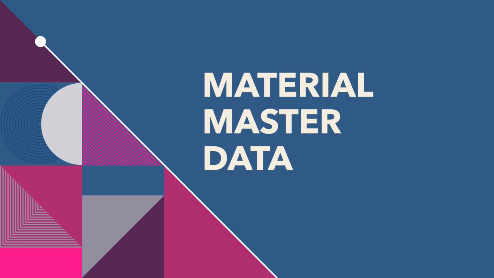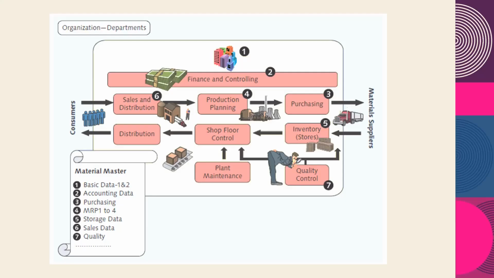Now let us see the different organizations and departments. You can see you have a lot of departments in an organization. You have finance and controlling, sales, distribution, production, then maintenance, quality control, inventory, purchasing, etc. All these departments should have access to the material masters.